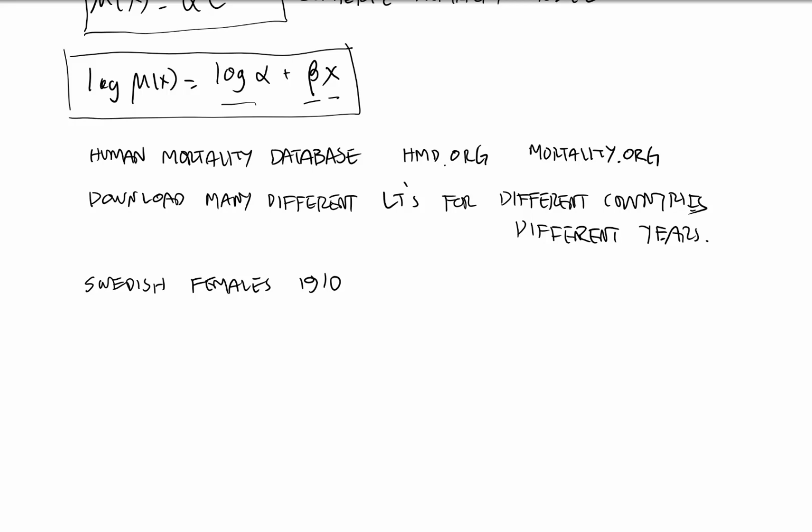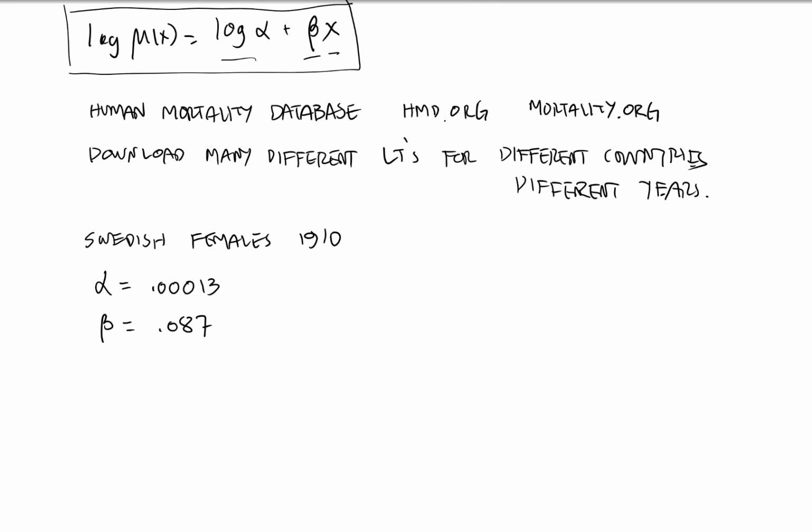Suppose I told you that for Swedish females in the 1910 birth cohort, alpha was 0.00013, and suppose I told you that beta was 0.087. Then you could calculate the hazard rate, the mortality rate, at age 85.